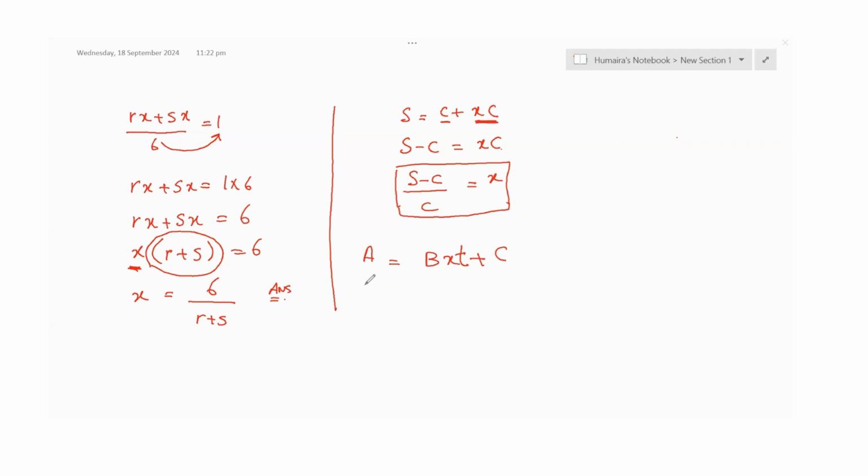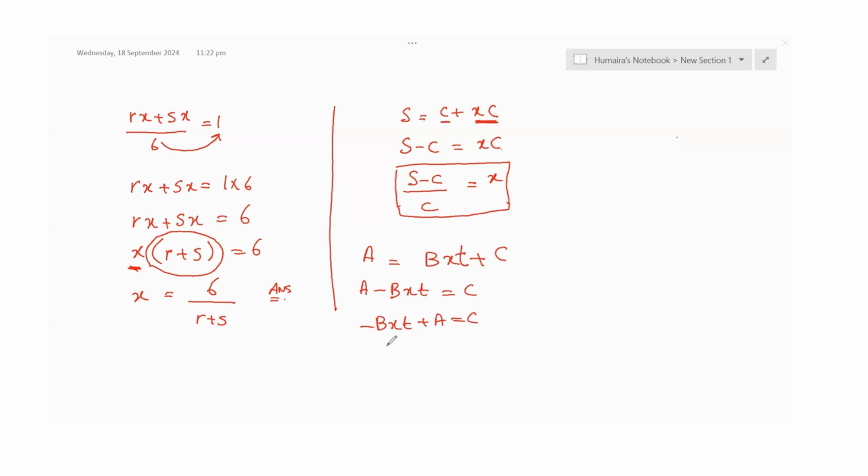I put A minus BXT equals C. Then I rearranged it and I put BXT minus A first and then just equals C. Okay, so you wrote minus BXT plus A equals C, right? Yes. Okay, next.